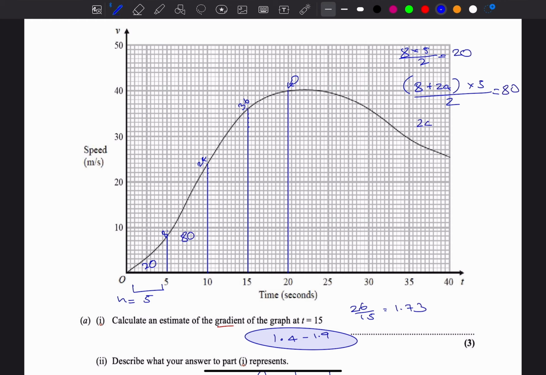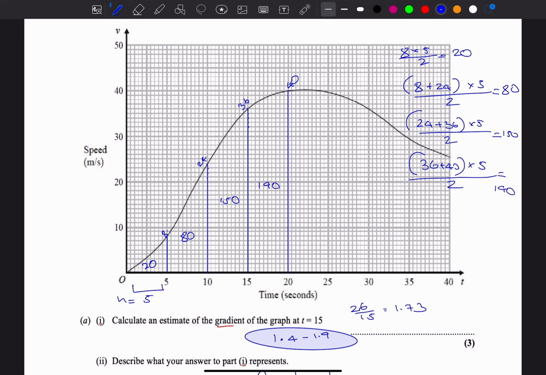Next one is what? 24 add 36 times it by 5 divided by 2, that's 150. Last one is 36 plus 40, because the area of a trapezium is, you add the parallel sides times it by the height divided by 2. That's 190.